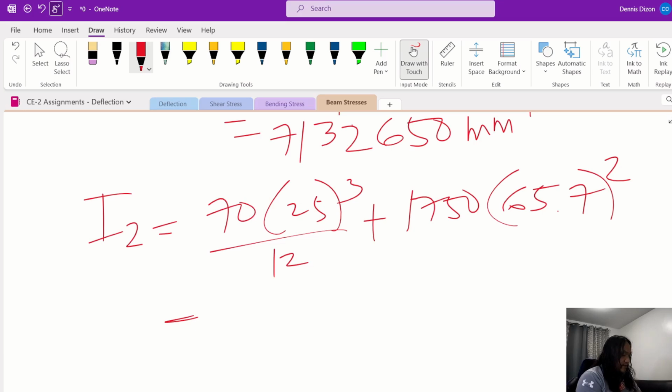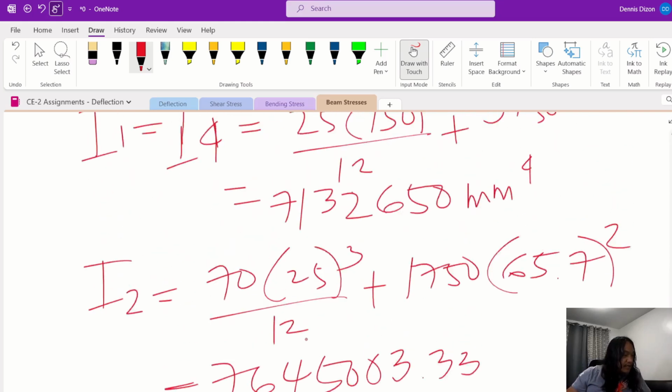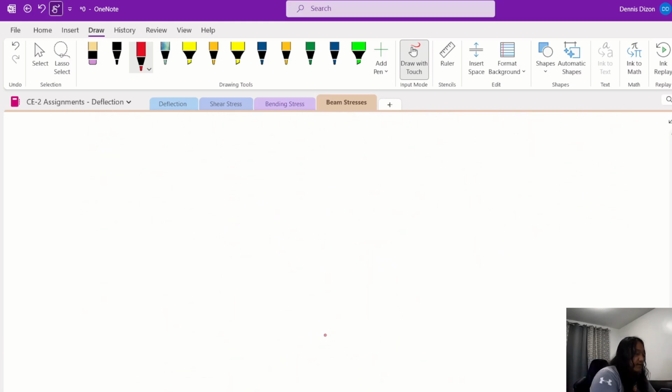So 70 times 25 cube divided by 12 plus 1750 times 65.7 squared is 7,645,003.33.